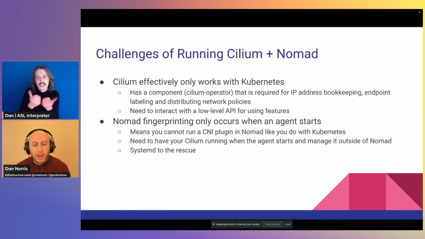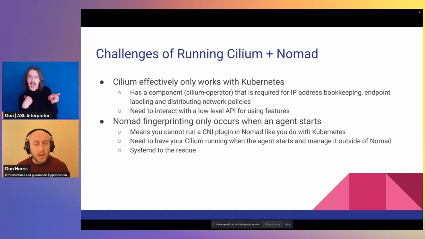The other thing is a Nomad quirk that we learned: when you start a Nomad agent, meaning something that's running a workload, it goes through a process where it scans the system and figures out what capabilities that agent is able to provide. So if, for example, you have Docker installed, it will fingerprint, which is what this is called, and say that yes, I have Docker available, I can run Docker containers or any jobs that are Docker.